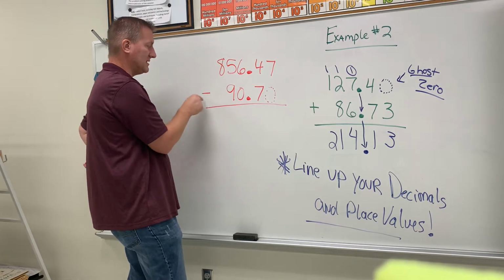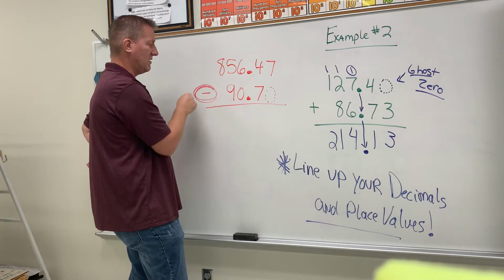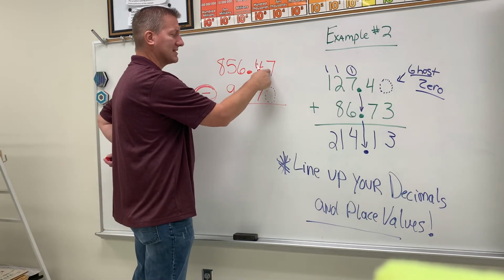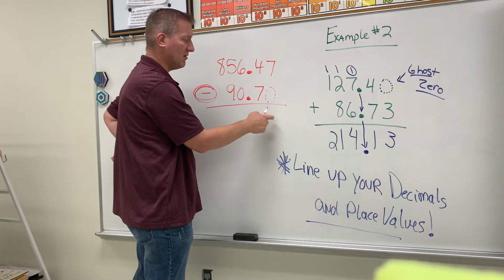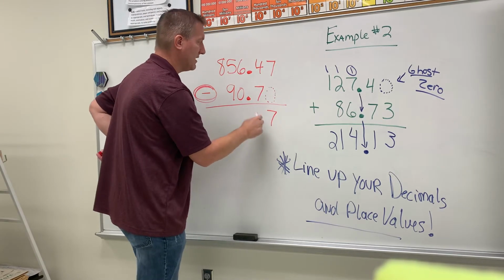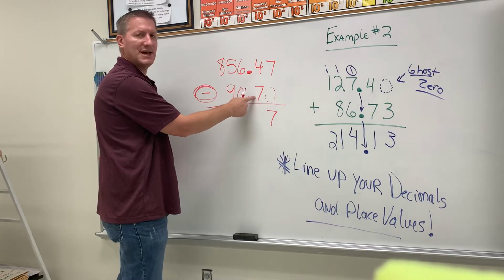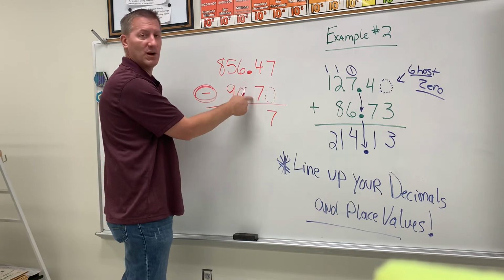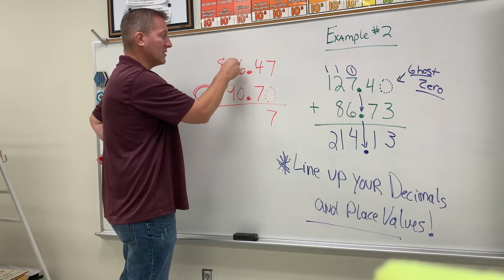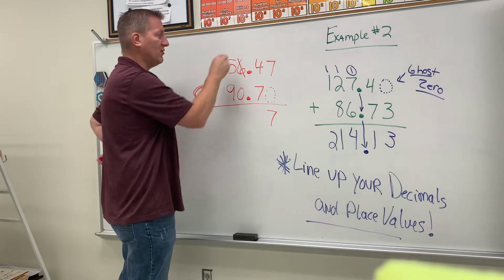So this is a subtraction over here. Okay, so we're gonna subtract. 7 take away 0 is what? 7. 4 take away 7. I can't take 7 away from 4, can I? So I'm gonna have to come over here and regroup.